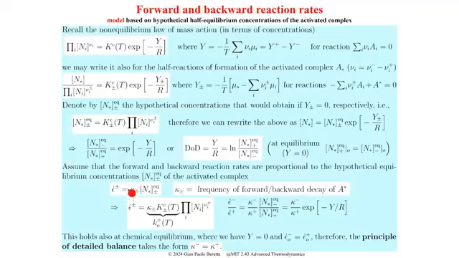So we could have used here a single K, and therefore you see that these forward and backward reactions are proportional by the same constant to these would-be concentrations of the activated complexes.